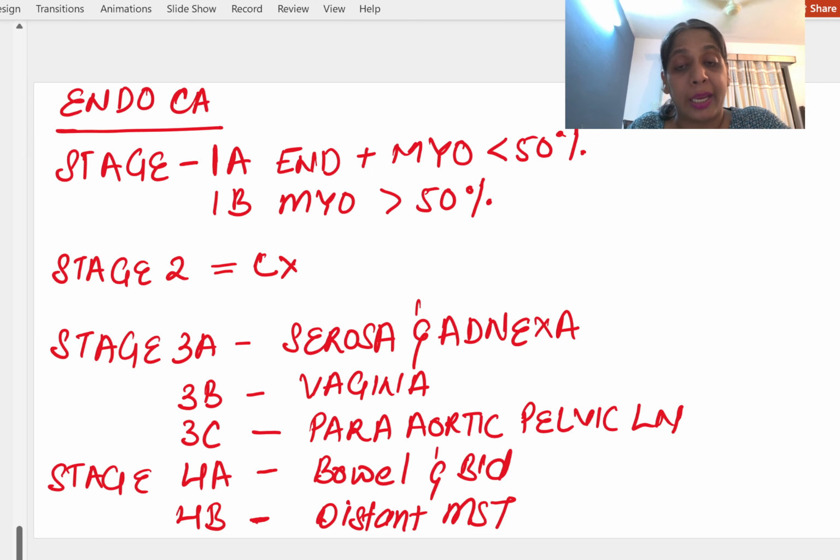Stage 3A is serosa and adnexa. 3B is vagina; this is asked quite often. All staging after 3B is similar to the CA cervix. Stage 3C is para-aortic and pelvic lymph node. Stage 4A is bowel and bladder, and stage 4B is distant metastasis.